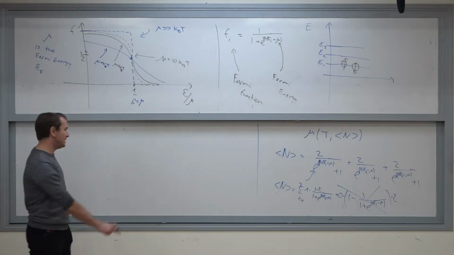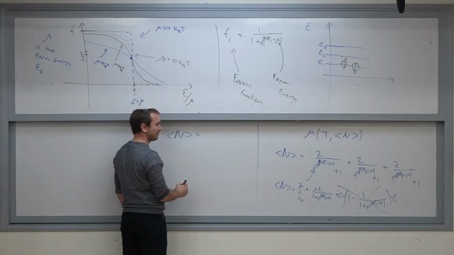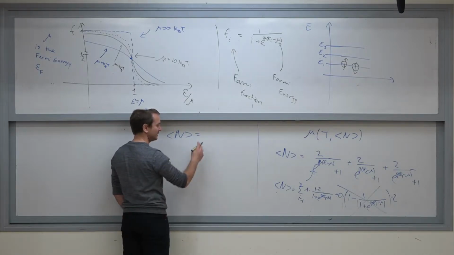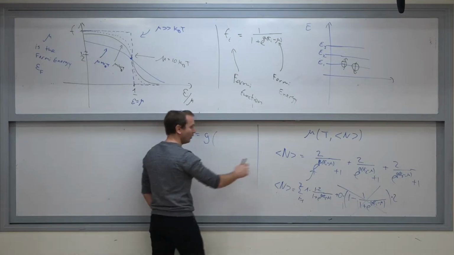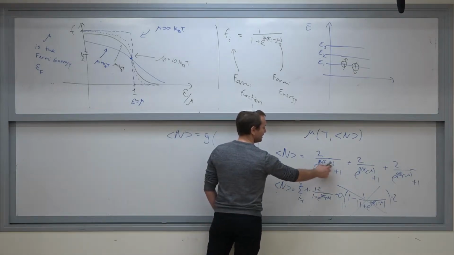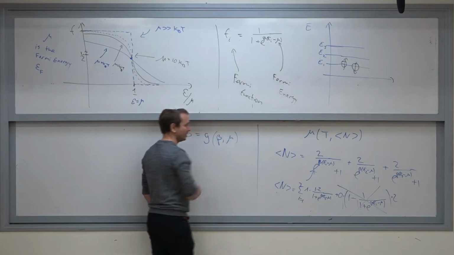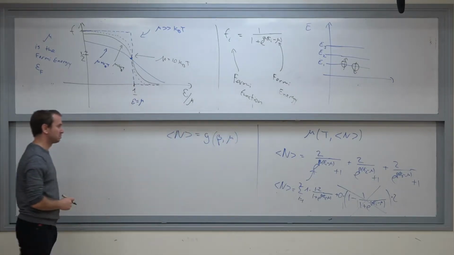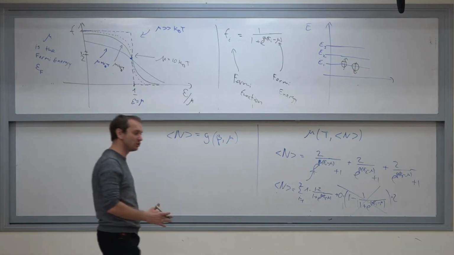Now, as we see, n average is determined as some function, let's call it g, of beta and mu. And of course the different energies, but the different energies of the system we cannot control.